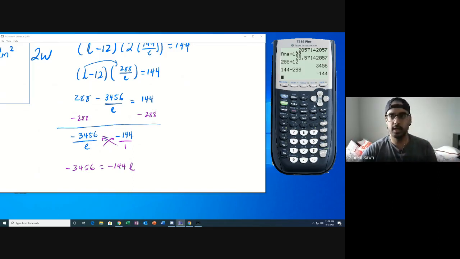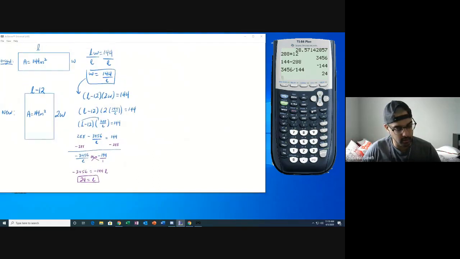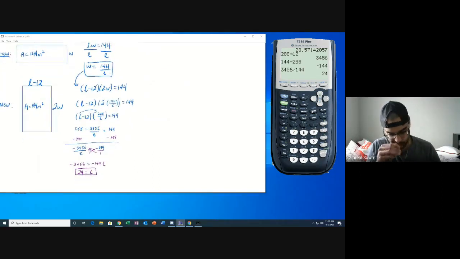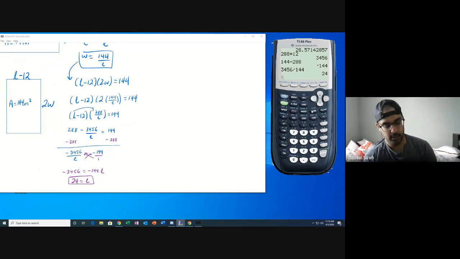If you divide both sides by that 144, 3456 divided by 144, the negatives will cancel. 24 is going to be the length, which is very helpful because now I know what the original length was. Since I know what the original area was also, I have a way of finding out what the original width was. Once I can do that, then I've got enough information to find the new dimensions.